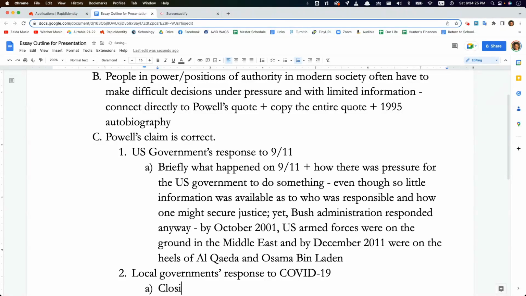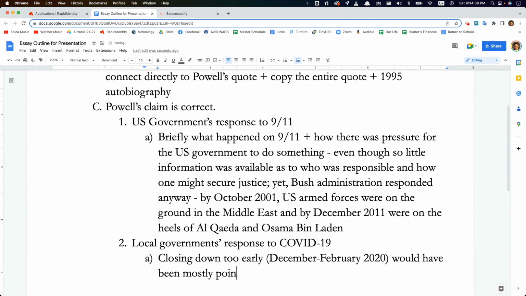For this, I might talk about how closing down too early, so that would be like December to February 2020, would have been mostly pointless, because there were so few cases in the US.